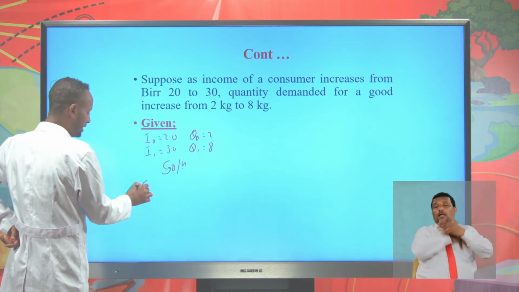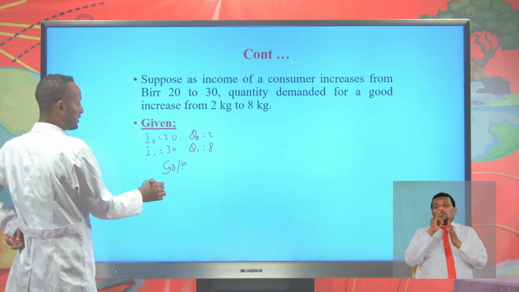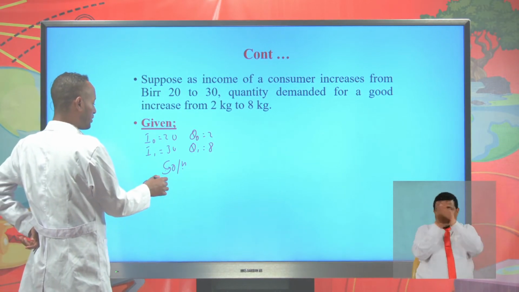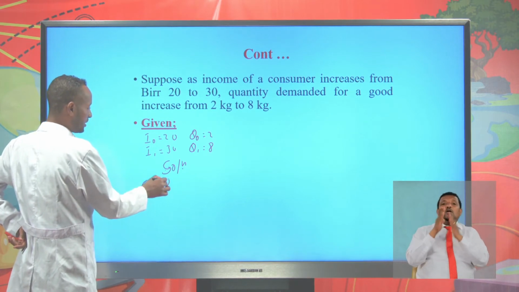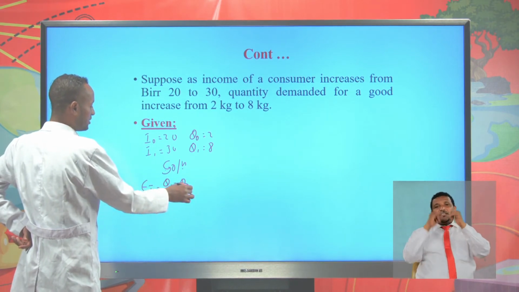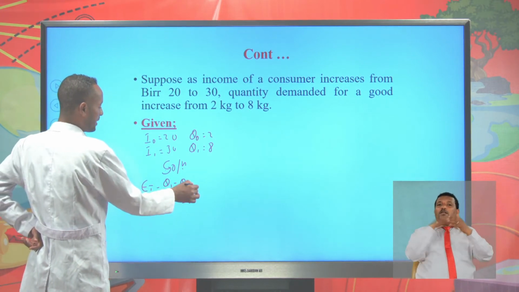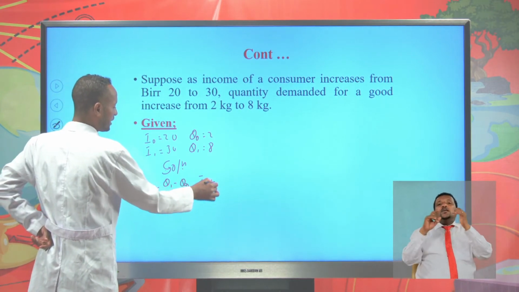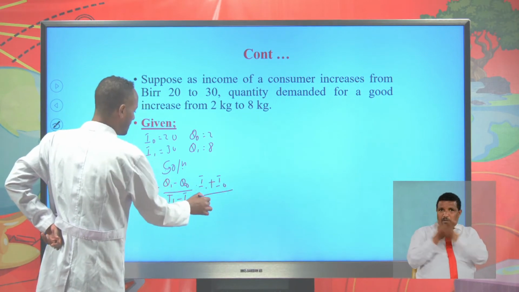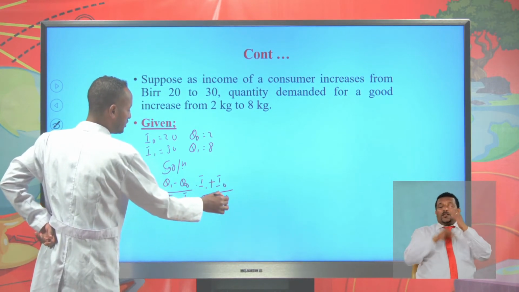the income elasticity of demand is calculated by dividing the change in quantity demanded, which is Q final minus Q initial, divided by income final minus income initial, multiplied by income final plus income initial divided by quantity final plus quantity initial.